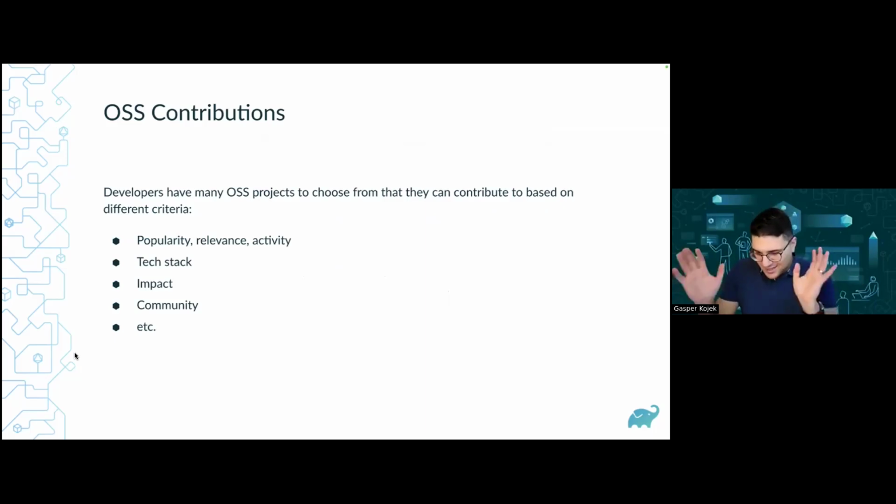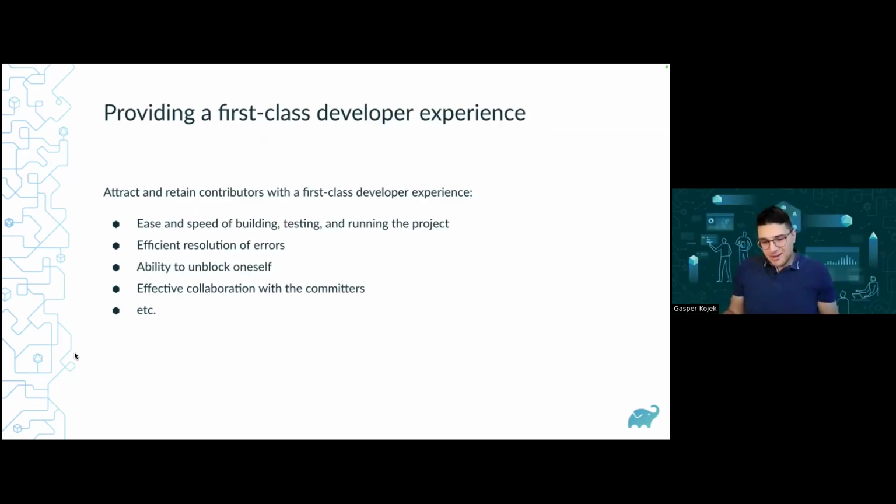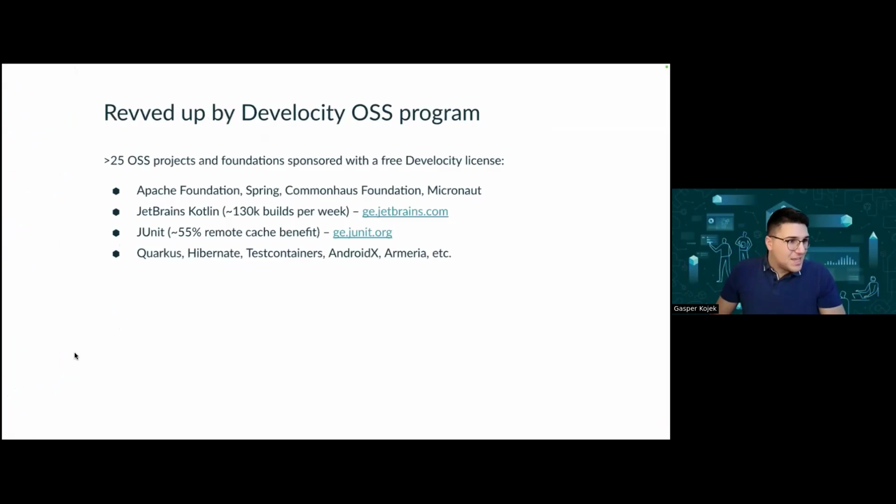And as I said, as a developer, you have multiple open source projects to pick from. And the barrier to entry, if you have a lean build, fast, easy to troubleshoot and all of that, is usually a very good thing, both for internal as well as external developers, to incentivize them to contribute to your project.